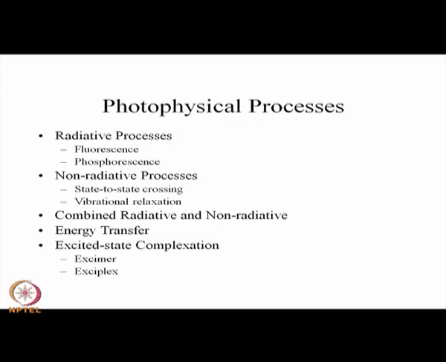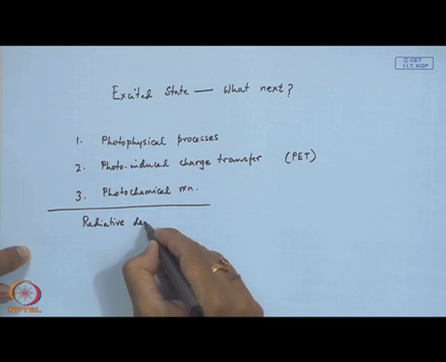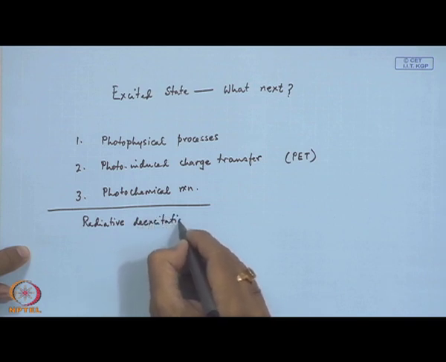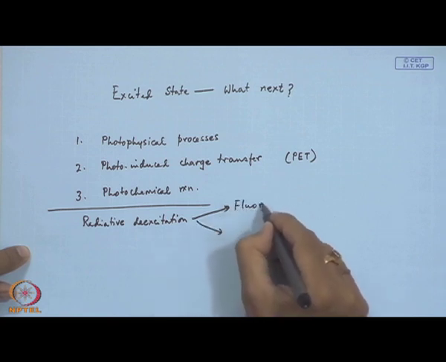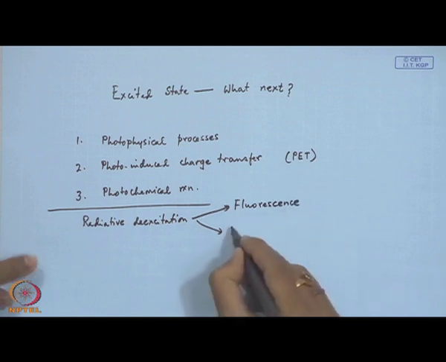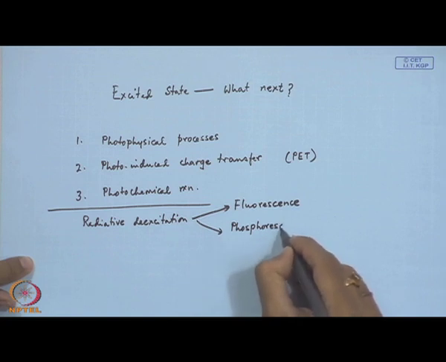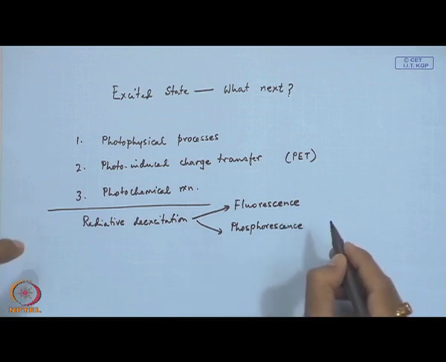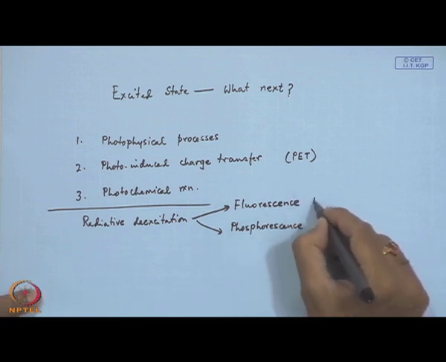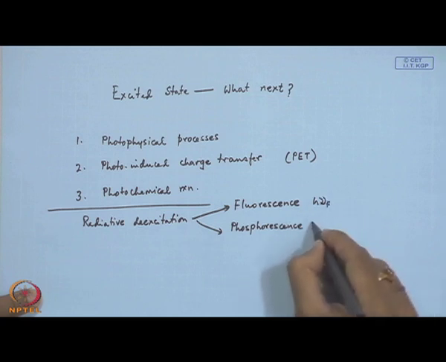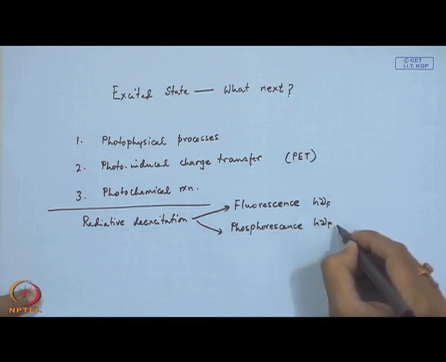Maybe radiative de-excitation, which gives rise to two things, fluorescence and phosphorescence. Both of these give rise to h nu F or h nu P. Of course, this is on the bluer side and this is on the redder side.